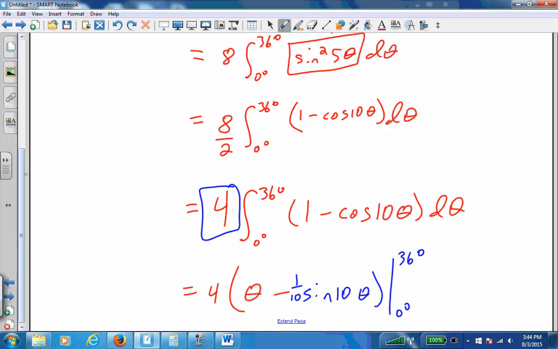Radians. So we actually need our angles in terms of radians. So we need 0 radians, and if we take 36 degrees and convert it to radians, times pi over 180, we get pi over 5.